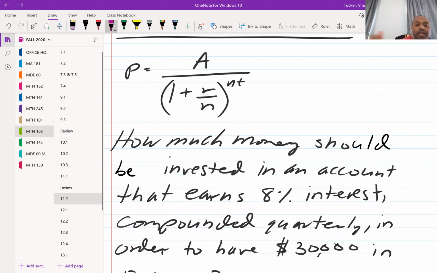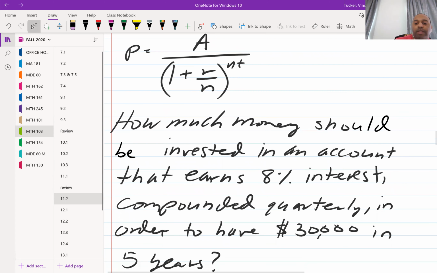So that's what this problem is asking us: how much money should be invested in an account that earns 8% interest, compounded quarterly, in order to have $30,000 in 5 years.